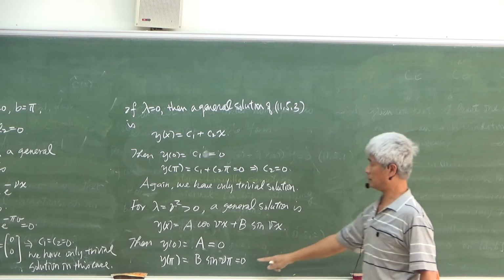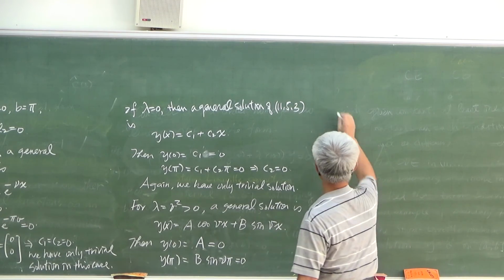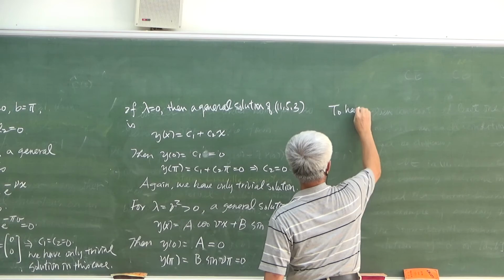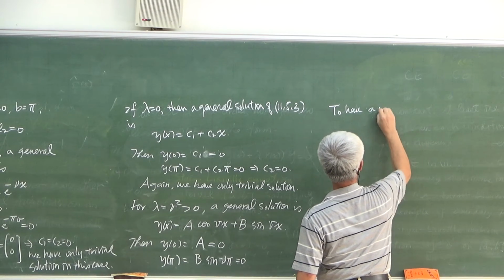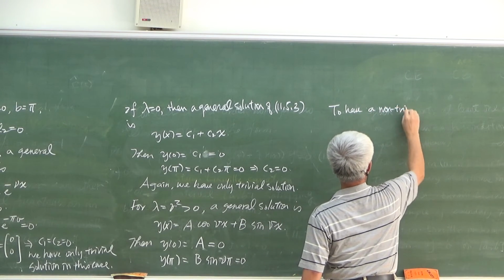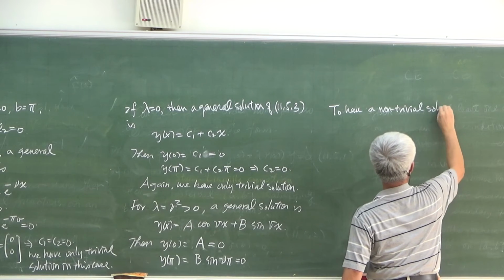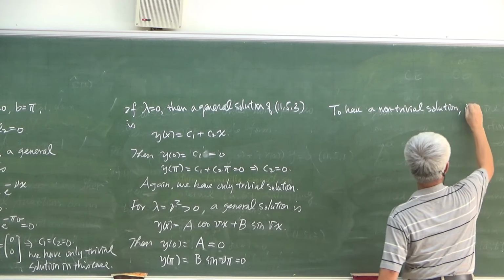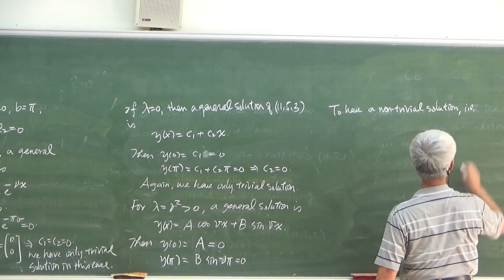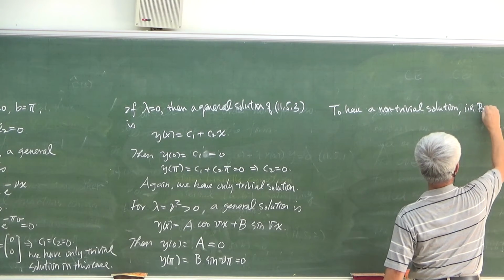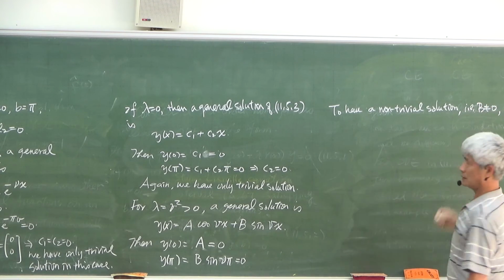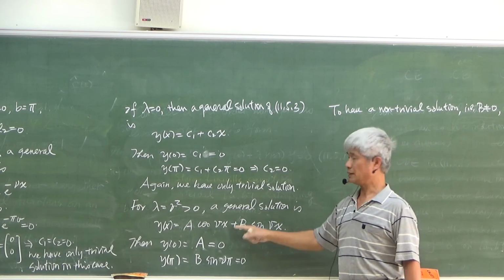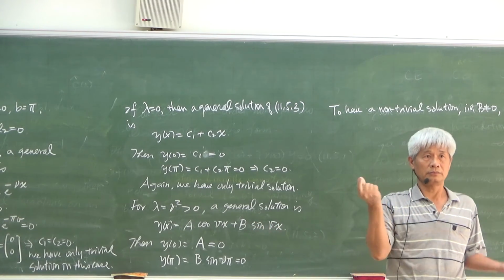So this is the only hope we have for a non-trivial solution, i.e., B not equal to 0. Because if B is 0, then the only solution is trivial.